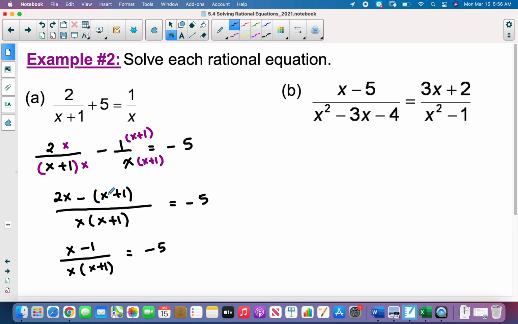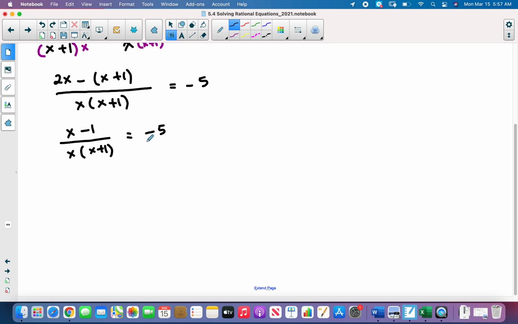So x minus x. And then we can now cross multiply. So when you multiply these two and these two, we get 1 times x minus 1, which is x minus 1, equals -5x times x plus 1.